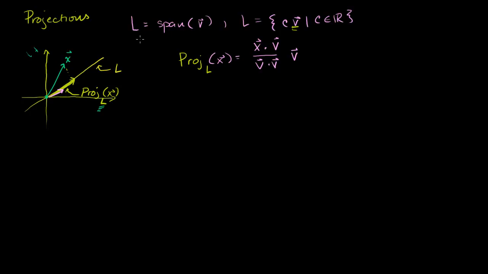Now, that was a projection onto a line, which was a special kind of subspace. But now we're going to broaden our definition of a projection to any subspace. So let me draw a little dividing line to show that we're doing something slightly different.